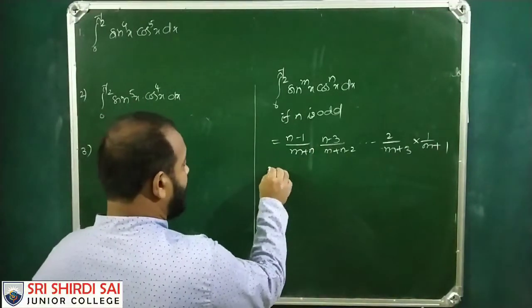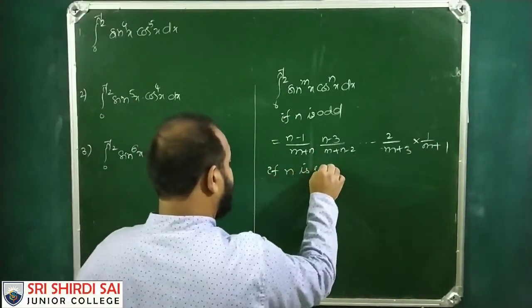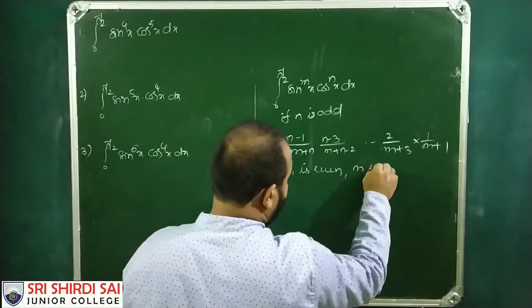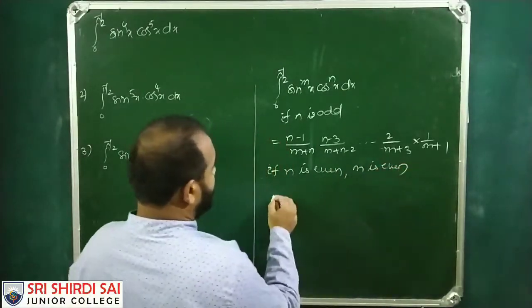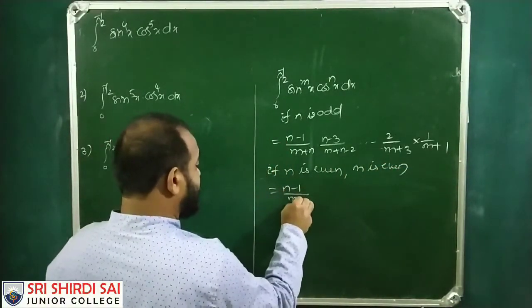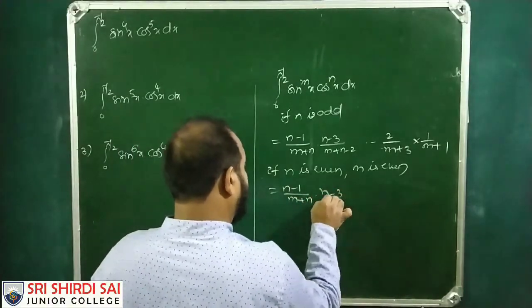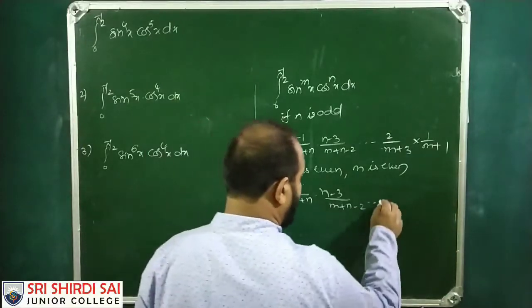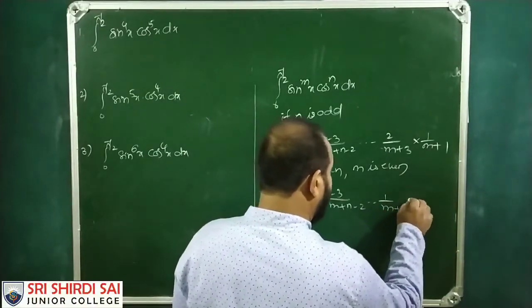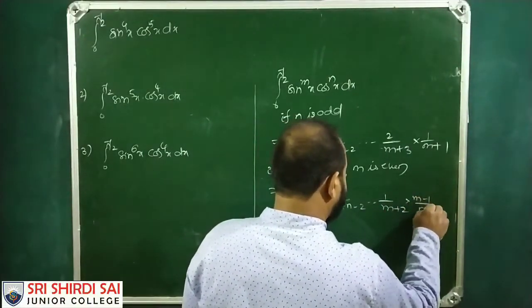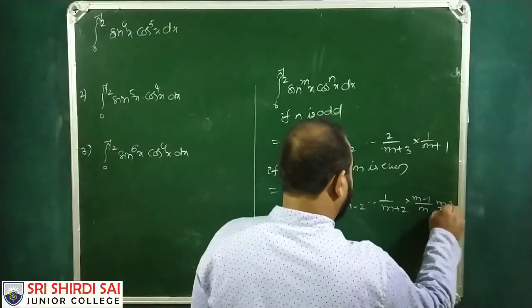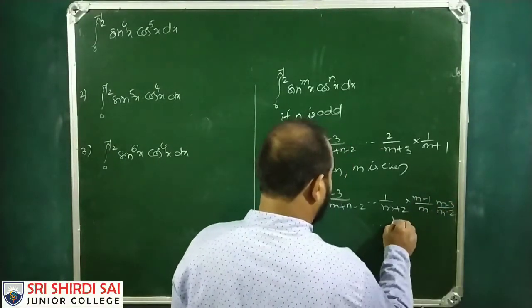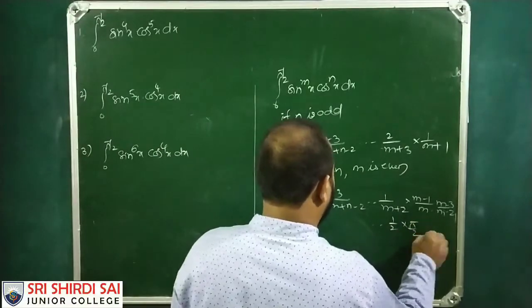If n is even, comma m is even, so n minus 1 by m plus n, n minus 3 by m plus n minus 2, etc., 1 by m plus 2 into m minus 1 by m, m minus 3 by m minus 2, etc., 1 by 2 into pi by 2.